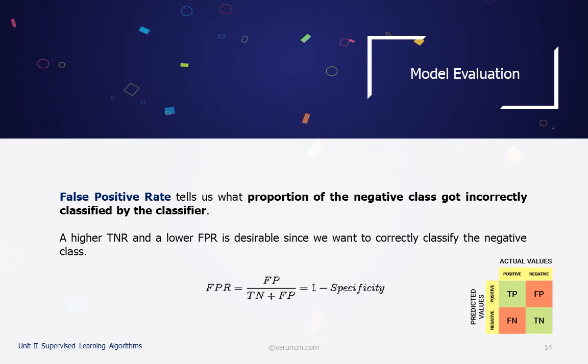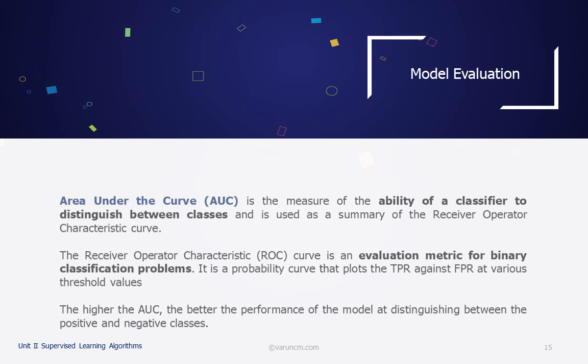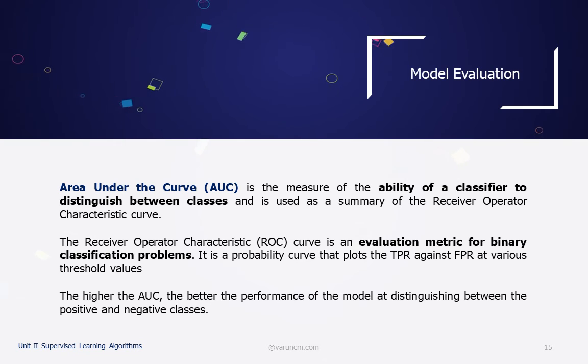Next we can move to another important model measuring method, that is area under the curve. It measures the ability of the classifier to distinguish between the classes. The actual use of this is to summarize the receiver operator characteristics curve. So what is this receiver operator characteristics curve, or the ROC curve?